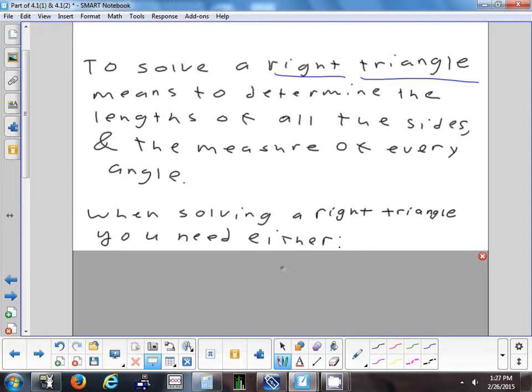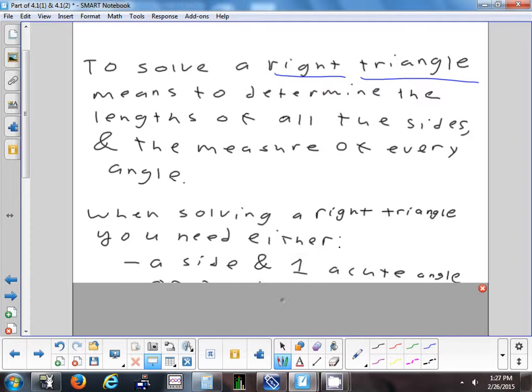Now, when I ask you to solve a triangle, I can't just say solve the triangle. I have to give you a little bit of information. And there's two cases of information I could give you. Does anybody know what I have to give you besides the right angle? You always have that. I could give you a side, and something else with it.